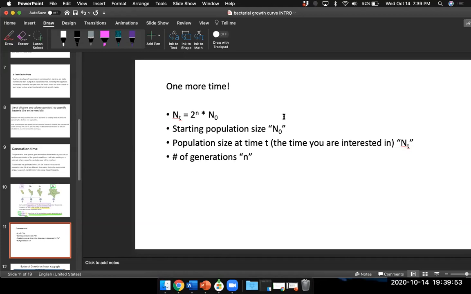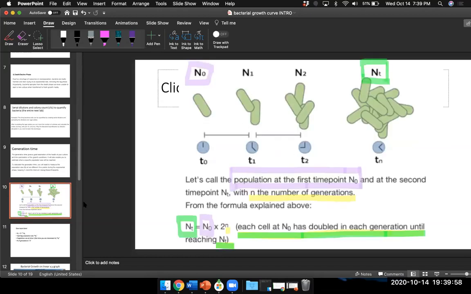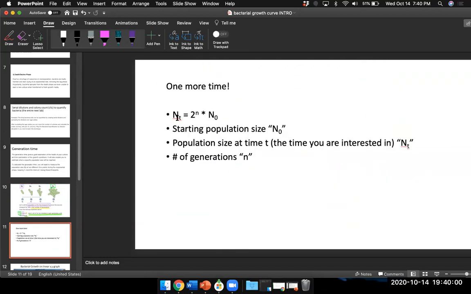Okay, so here I broke it down for you, even though it is also here. So N_T equals 2 to the nth power times N naught. And N naught is your starting population size. And 2 to the nth power would be a doubling every generation for however many generations you decide. And if you have that, then you can find your total population.